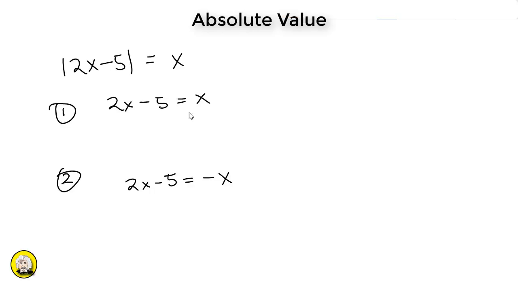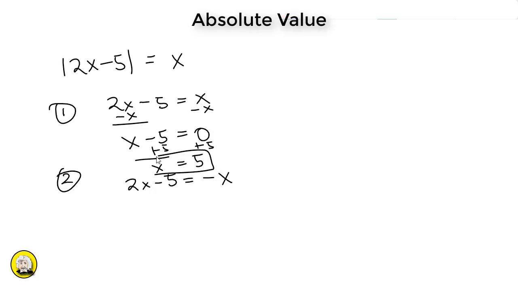In this situation, I'm going to try and eliminate the x from the right side of the equation, so I'll subtract x on both sides, and in turn get 1x minus 5 equals 0, at which point I can add 5 to both sides to get a result of x equals 5. And that gives me one solution.